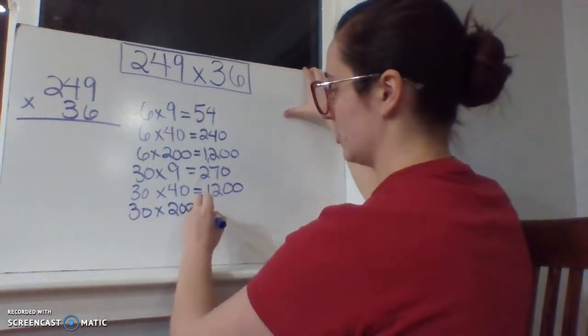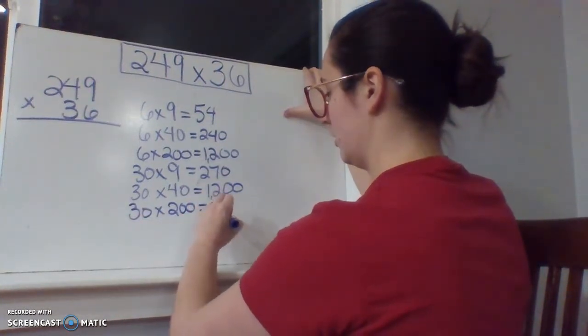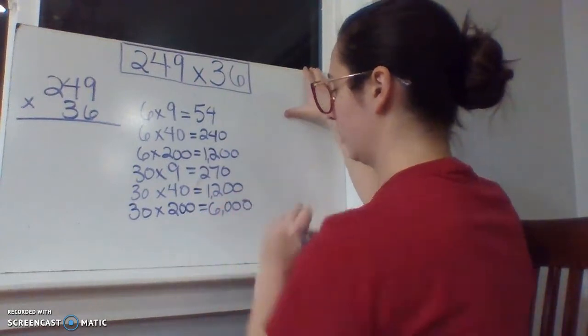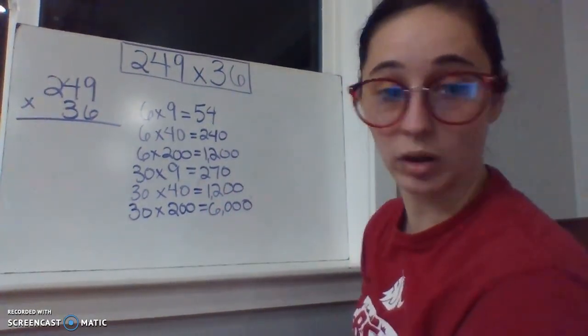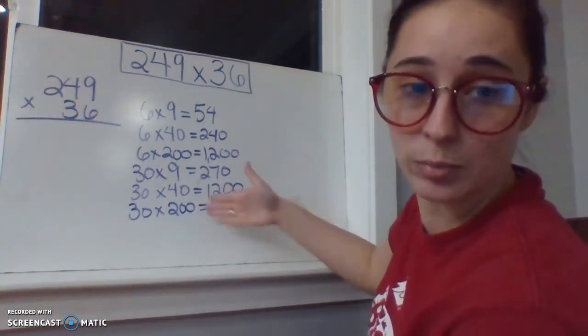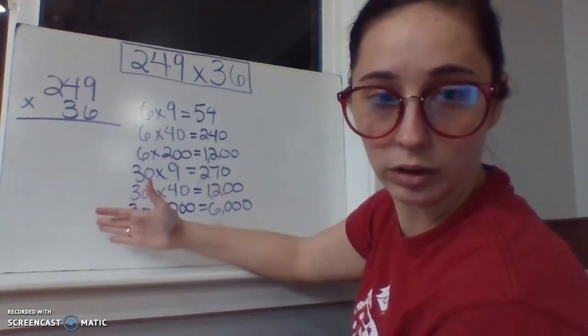And then 30 times 200 is going to give me 6,000. So all of those numbers are what's going to go over here.